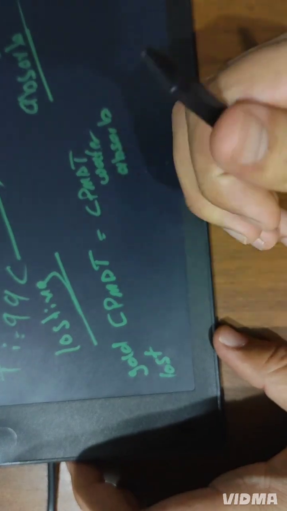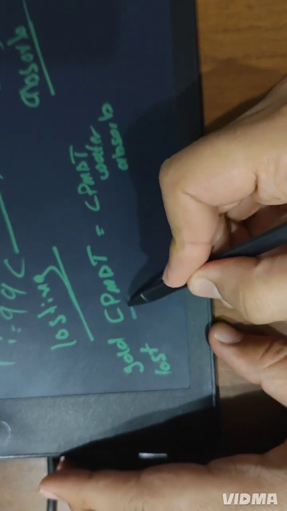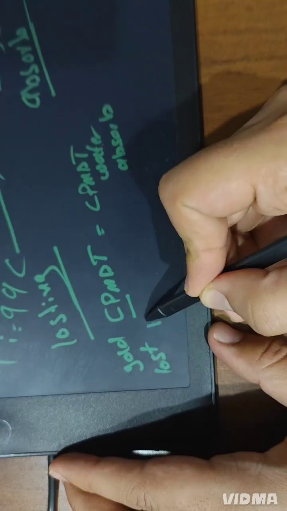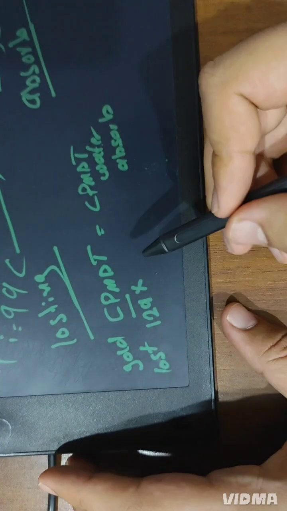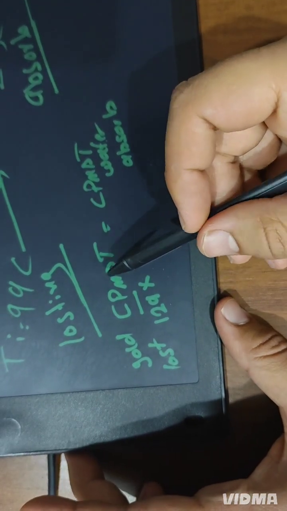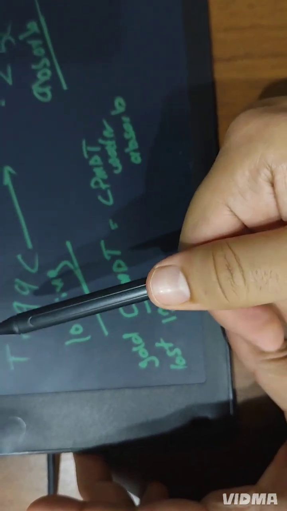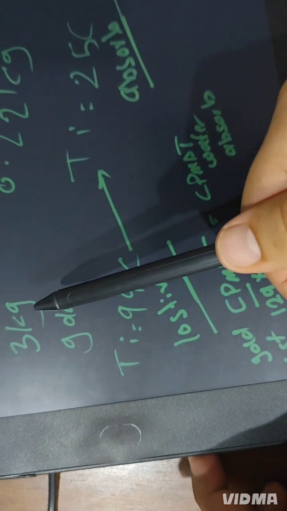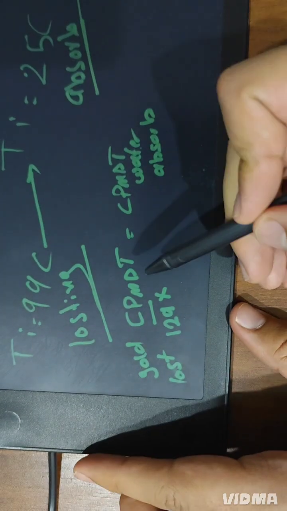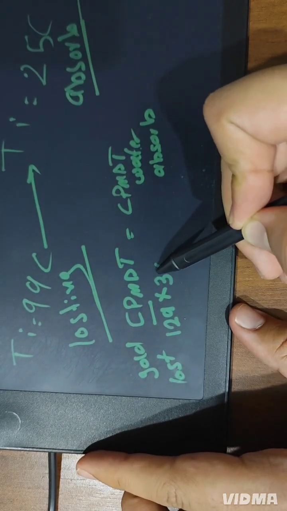The Cp of the gold is 129. So instead of Cp of the gold, write down 129. Multiply by the mass. The mass of the gold in here, look, is 3 kilograms, times.